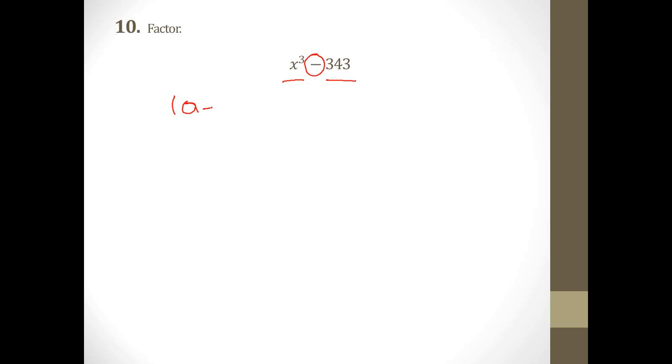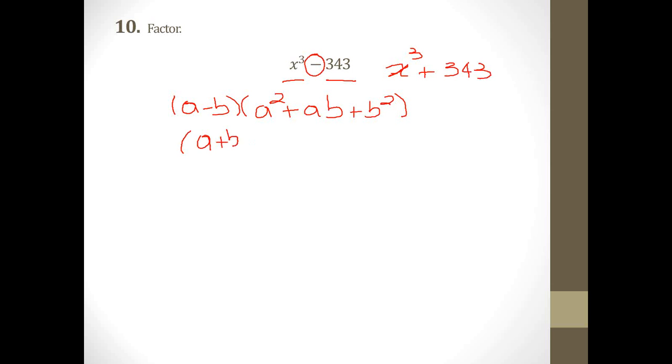So this is the general formula for difference of cubes: A minus B times A squared plus AB plus B squared. Okay, there's also the sum of cubes. If, for example, you had something like x cubed plus 343, then you would use this formula, A plus B times A squared minus AB plus B squared.